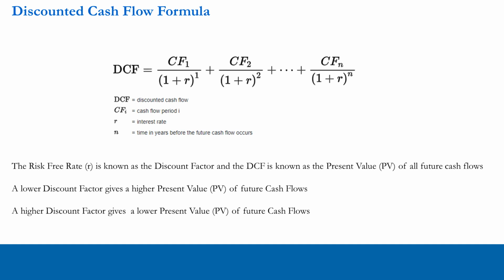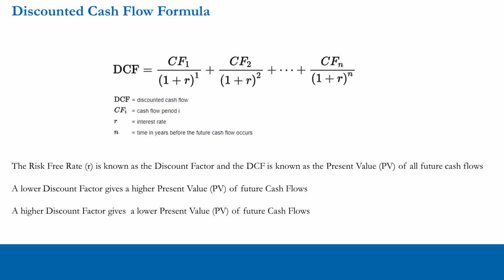And in the formula on the top, you can see cash flow 1, cash flow 2, cash flow all the way out to infinity in the future. And you can see the discount factor of those cash flows is 1 plus the risk-free rate to the power of the period. Okay. Now, what happens here?